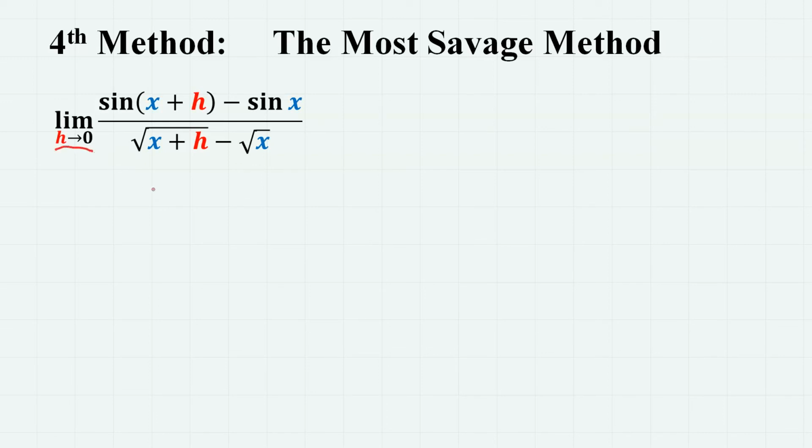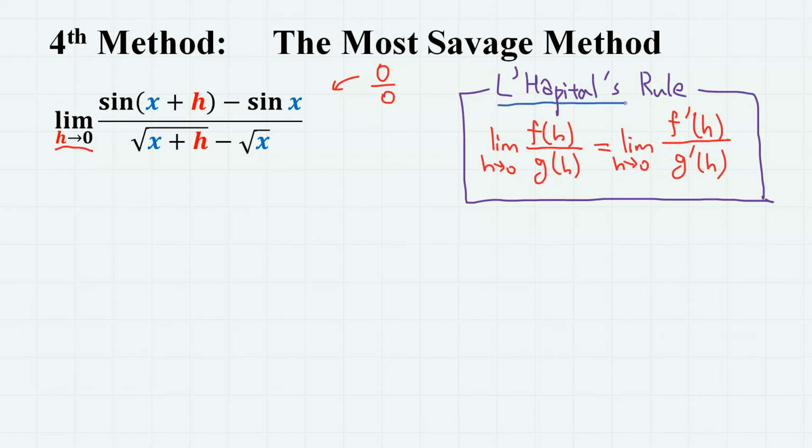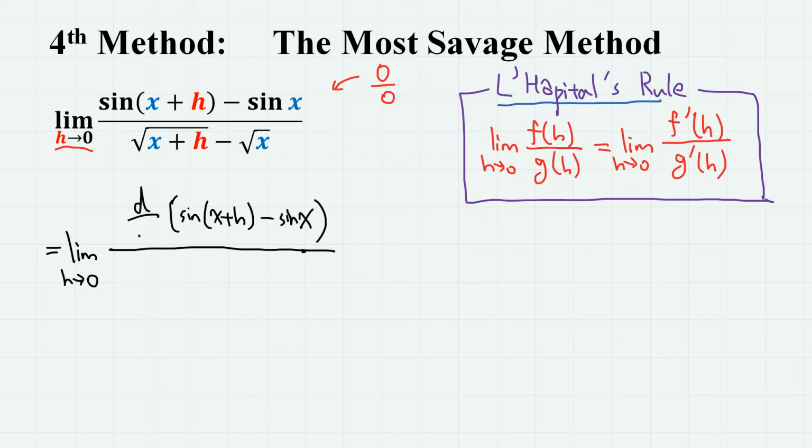Notice that as h approaches 0, both the numerator and the denominator approach 0, which means that this is a 0 over 0 type of limit. Therefore, by L'Hopital's rule, this limit is equal to the derivative of the numerator, with respect to h, over the derivative of the denominator, also with respect to h.